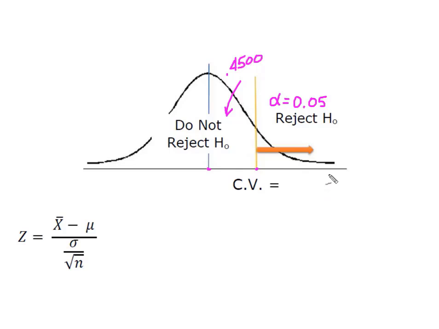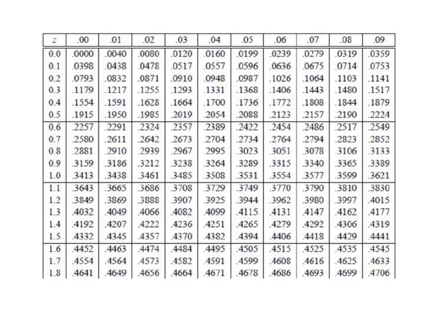So the first thing I'm going to do is figure out what this critical value is for a one-tailed right test of the mean using normal or z distribution. We knew that we had 45% of the data between the mean and our critical value, so I'm going to search inside my normal distribution table until I find the 45%, and I find it here, except that 4495 and 4505 are exactly the same distance from 45%.